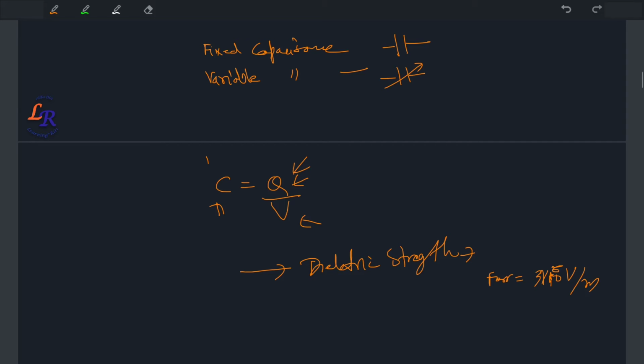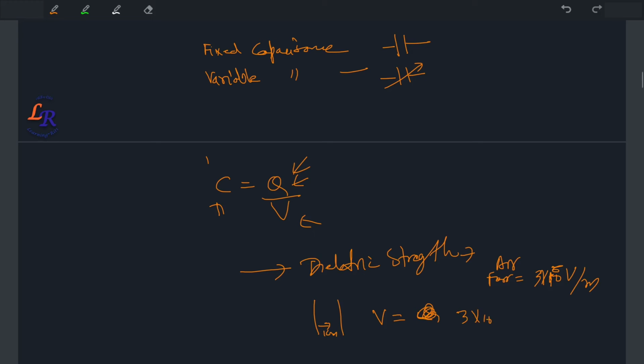So this is for air, and it would mean that if you have a capacitor and between the plates there is a 1 centimeter distance, then what voltage difference can it hold?